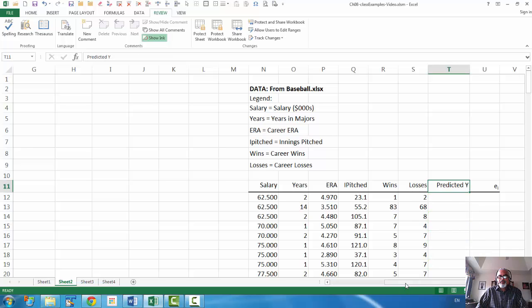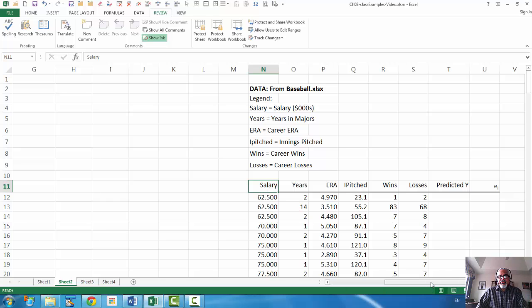All right. So we'll be looking at predicted Y and E later on, but right now there are 5 predictor or independent variables, and then salary is the dependent variable that we want to forecast.